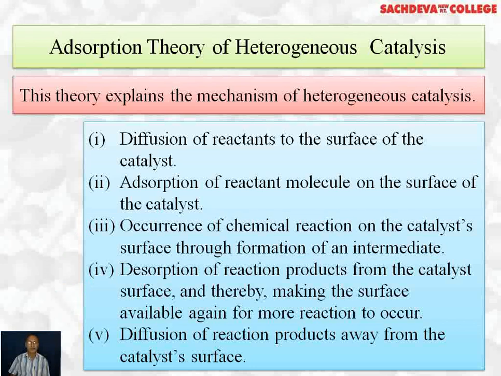The fourth step involves desorption of reaction products. Desorption means removal of adsorbed substance. So desorption of reaction products from the catalyst surface, thereby making the surface available again for more reaction to take place. The last step is diffusion of reaction products away from the catalyst surface.